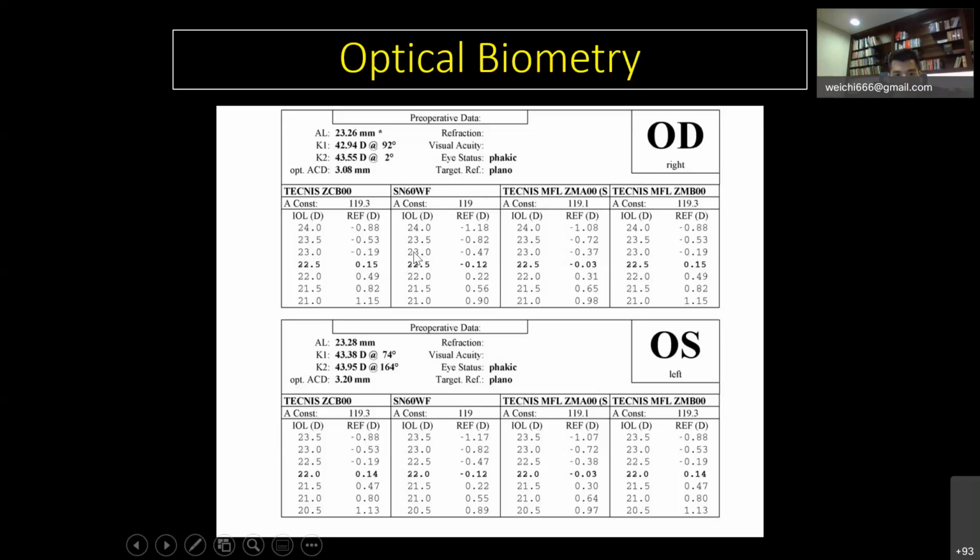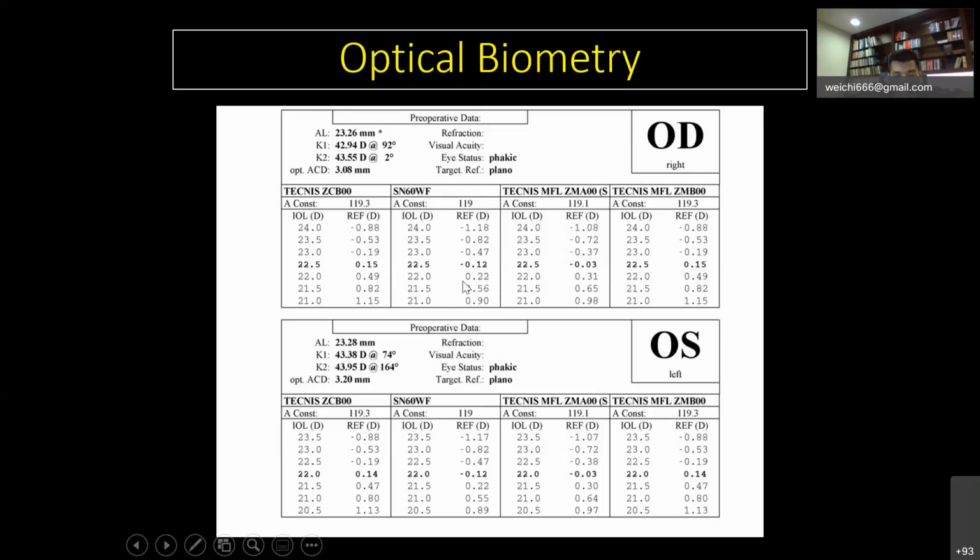For example, if I choose an intraocular lens with 23 diopter power, I expect that after the surgery, the patient would get a refraction of minus 0.47 diopter. If I want the patient to be on a more hyperopic side, then I could choose an intraocular lens with a power of 22 diopter.